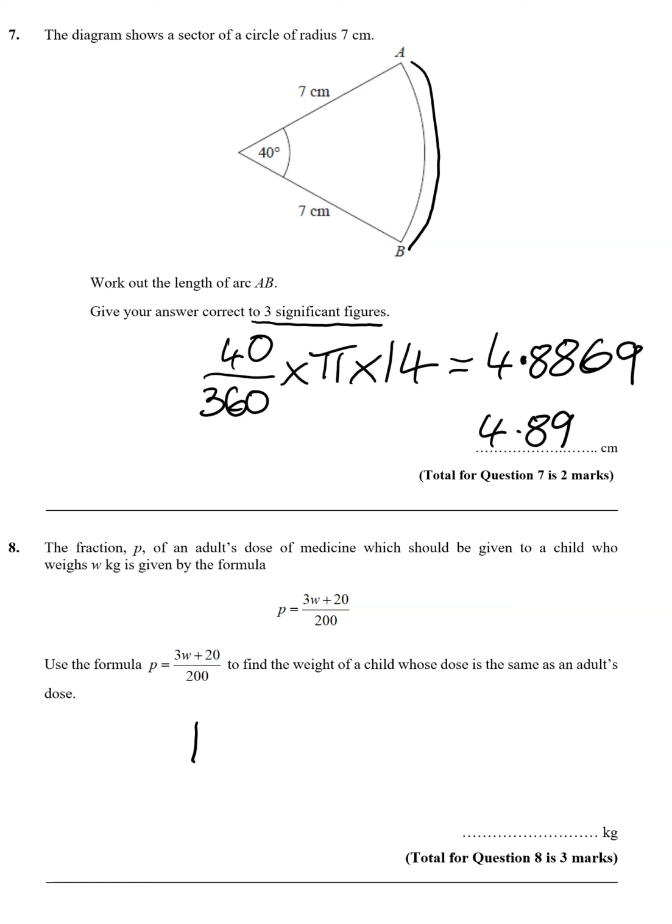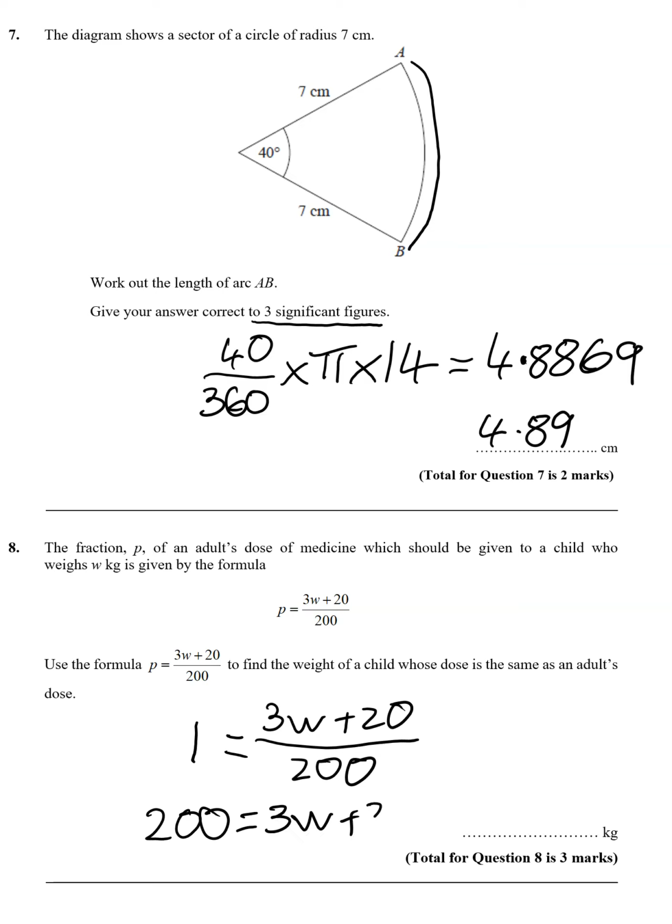So you've got 1 is equal to 3w plus 20 over 200. So a bit of an equation to solve there, which gives you 60 kilograms. Okay, it's all about making that equal to 1, which you kind of get from this sentence here.